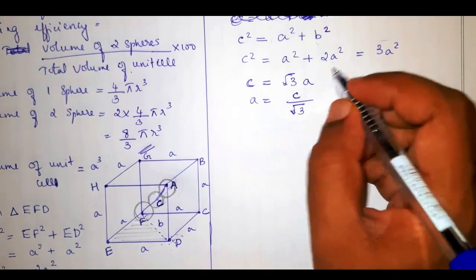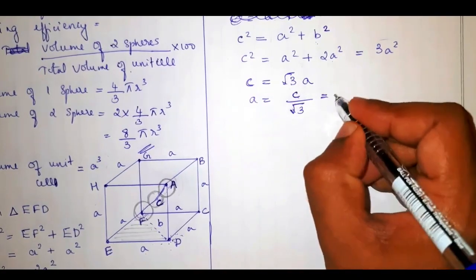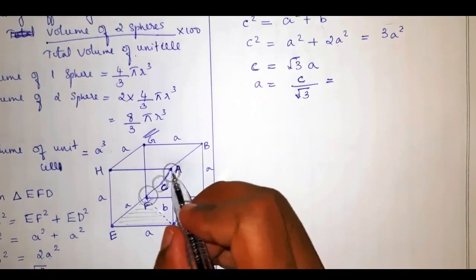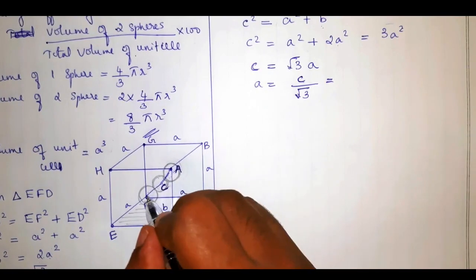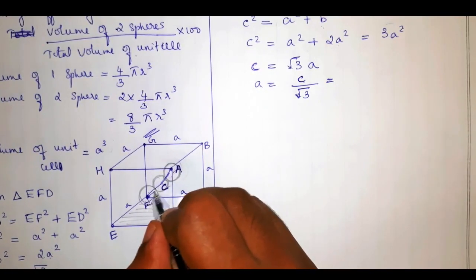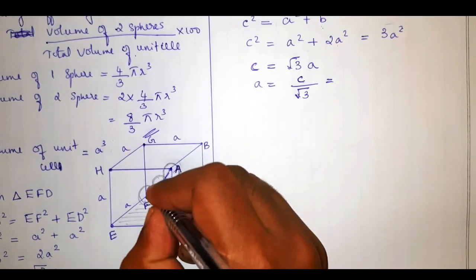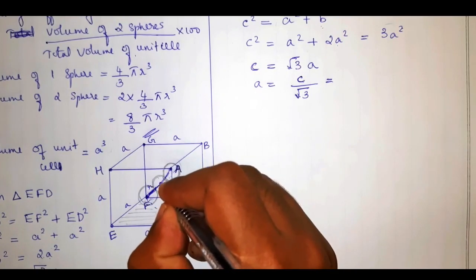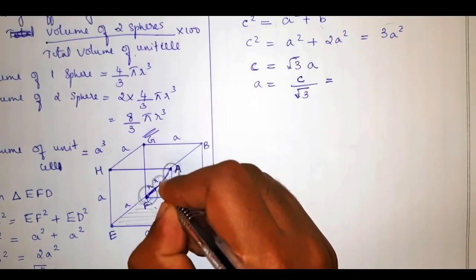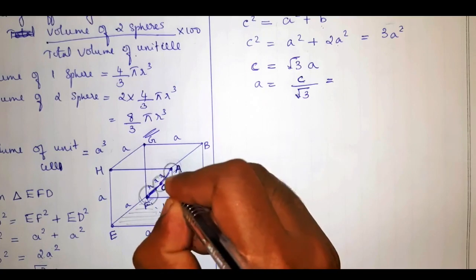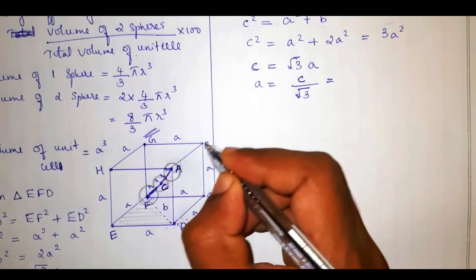Now what is C? You need to find the value for a substitution for C. So C, you can see here, is from this point to the end, that is R. From this end to the center is another R. From center to this end is another R. From this end to this center is another R.